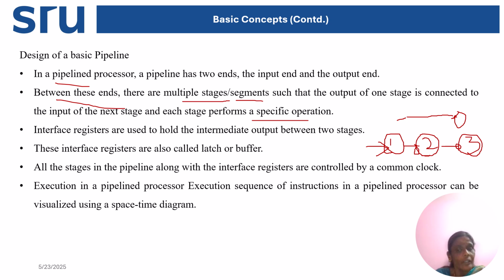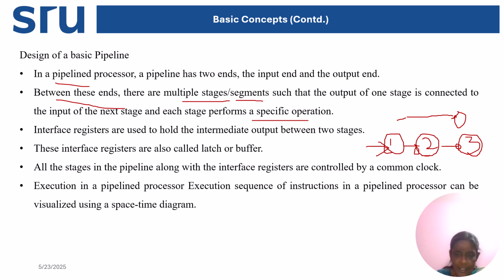How will it happen? It is not just magic. It has to be held by a register. So taking, holding and giving out. For this purpose, latches or buffers are used.